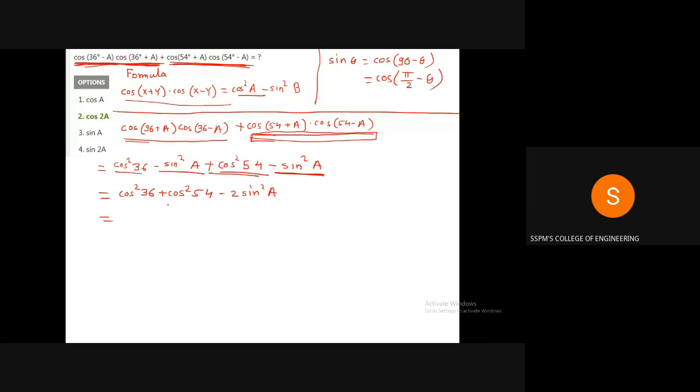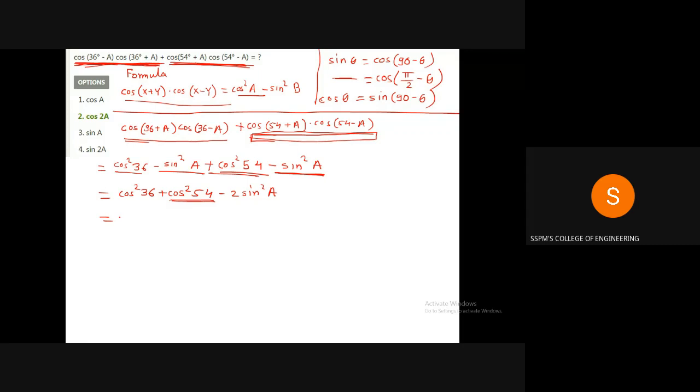So we will replace this cos square 54 using the sin theta relation. Similarly, cos theta is equal to sin of 90 minus theta. Sin theta is equal to cos 90 minus theta, and cos theta is equal to sin 90 minus theta. So we will use this formula to replace this.